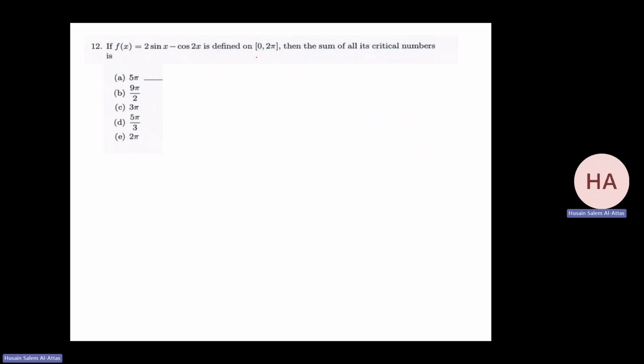This function, he wanted only in this interval. Okay, let me do the calculation. F prime is 2 cosine x minus, what, cosine 2x? What's the derivative of this? That will be minus sine 2x times 2. So actually I have 2 cosine x plus 2 sine 2x.